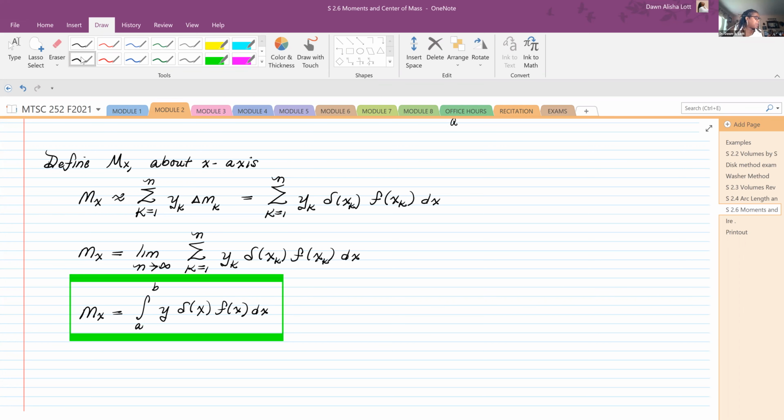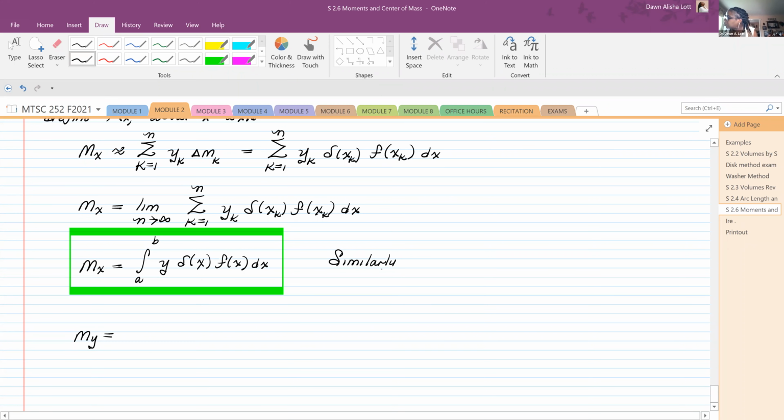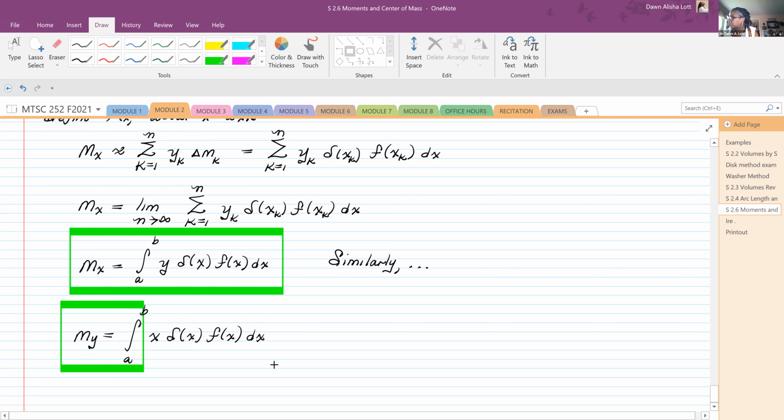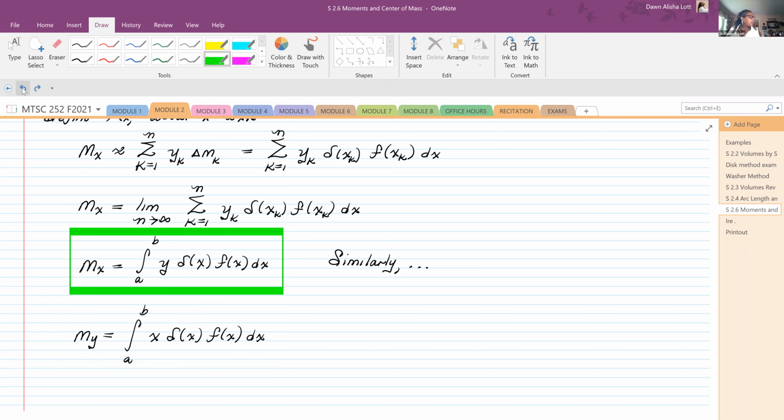And I can do the same thing to get My. Similarly, My is the integral from a to b of x delta of x, f of x dx. And so now that I have everything, I now know what x bar and y bar are.